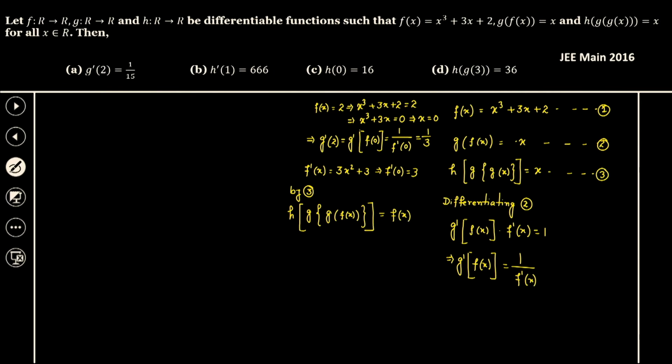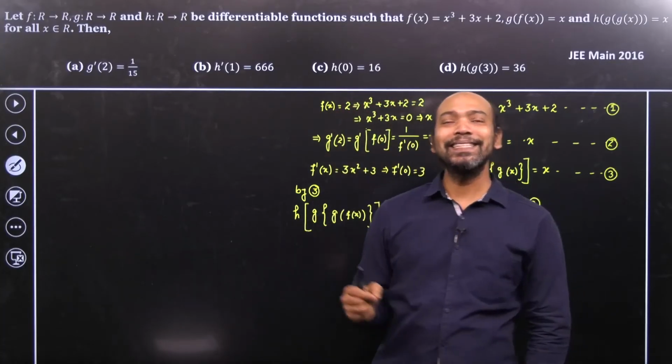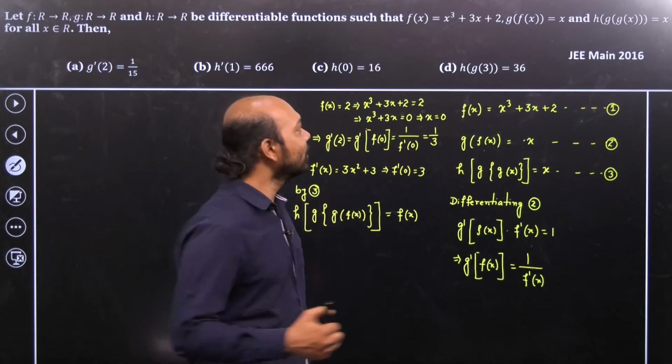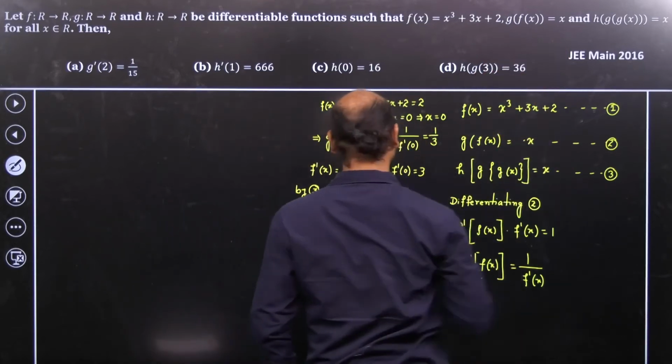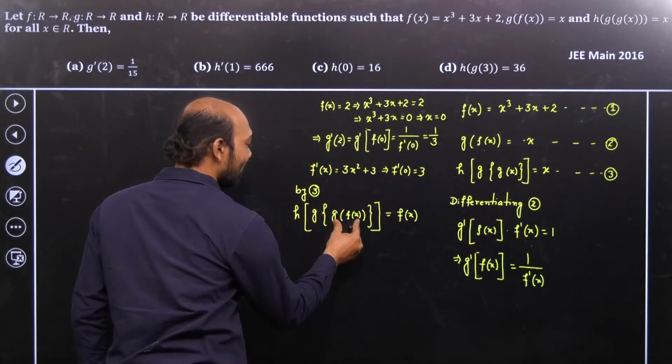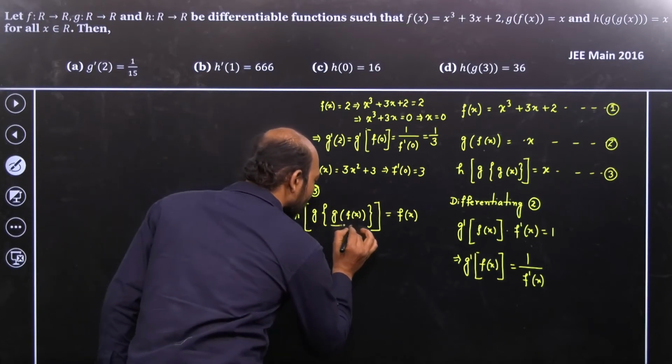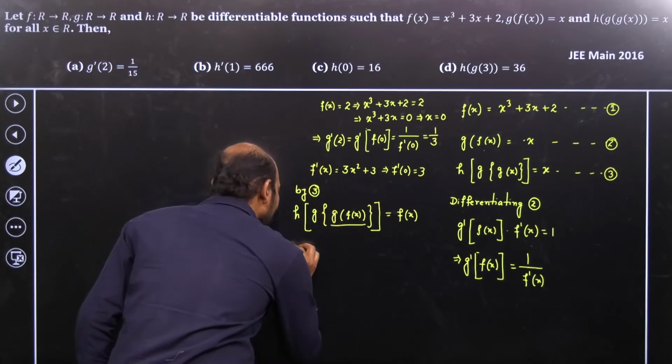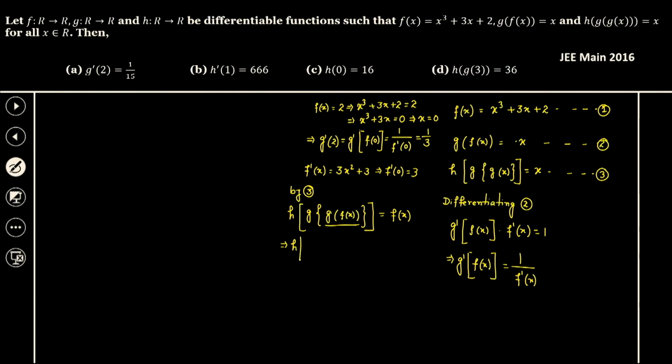Now what is g of f(x)? It is given that g of f(x) is equal to x. So we can easily replace this portion by x. That implies that h of g of x is equal to f(x).